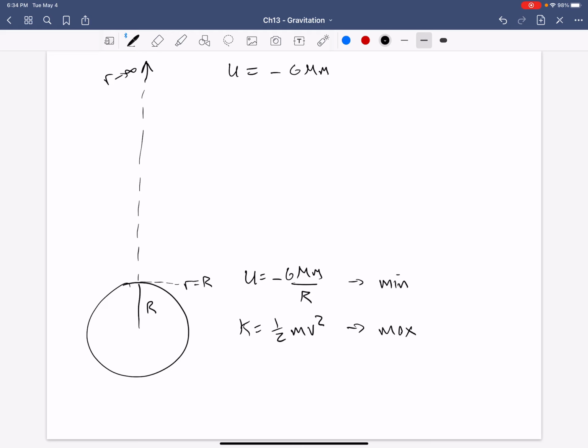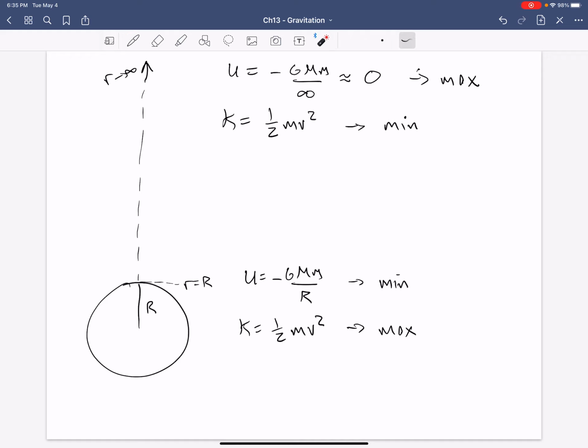When that object that's launched from the planet reaches an infinite distance away, in theory, of course, U is minus Gmm over infinity, well, this is just about 0, right? Minus G, the big number, basically 0. So that means that U is actually a maximum now, which should make sense. The two objects are furthest apart. The kinetic energy, 1/2 mv squared, is now at a minimum.